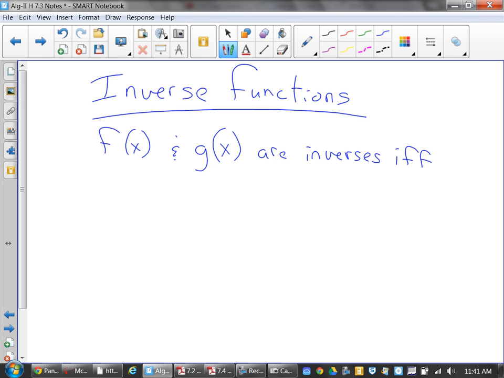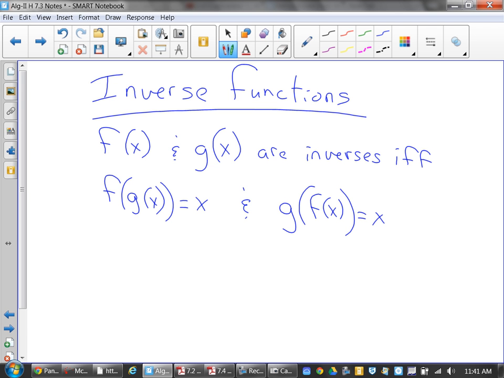If this happens, f of g of x, and if that happens, where when you substitute the composite of f of g of x and g of f of x, when you simplify it out, if they both give you a value of just x, then they're inverses of one another. So that other form might have been inverse of each other? It could have been, if it went the other direction.